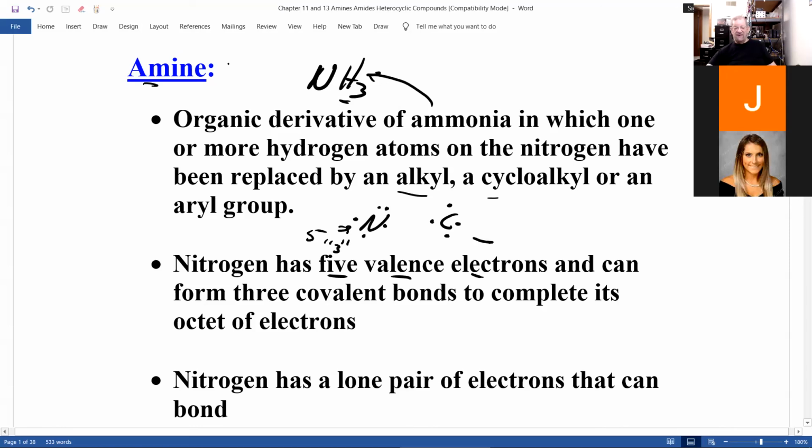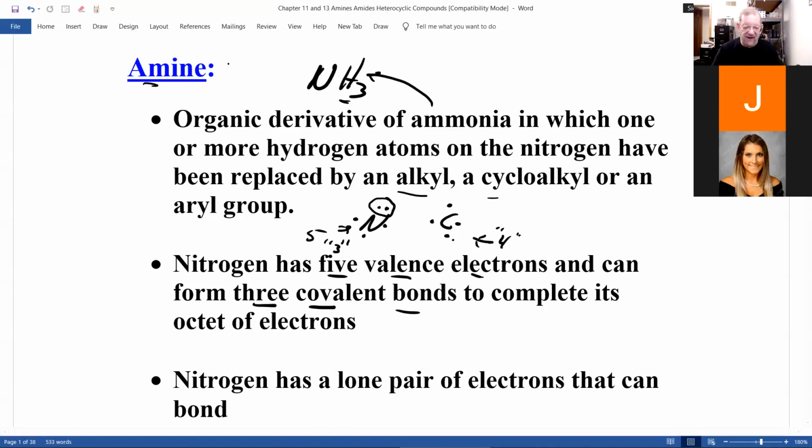If I have 4 here, how many to 8? 4. And you know 4 bonds to carbon. Well, it turns out most nitrogen compounds have 3 covalent bonds to the nitrogen. Now, nitrogen has this lone pair of non-bonding electrons.